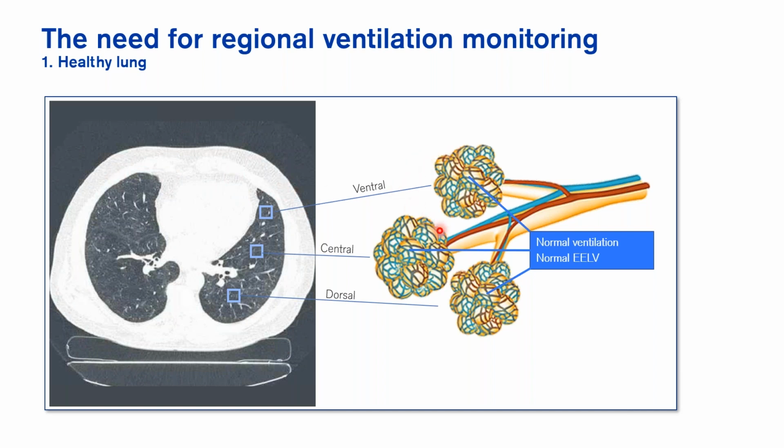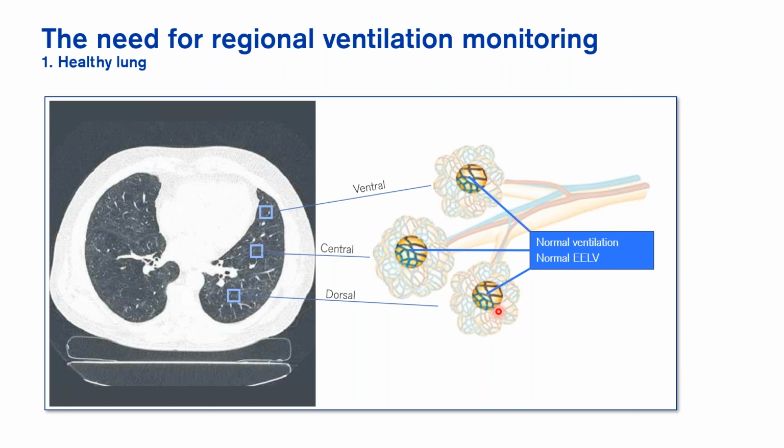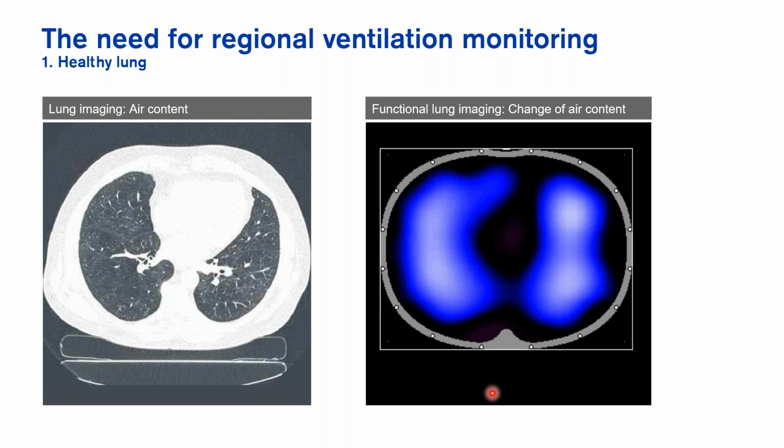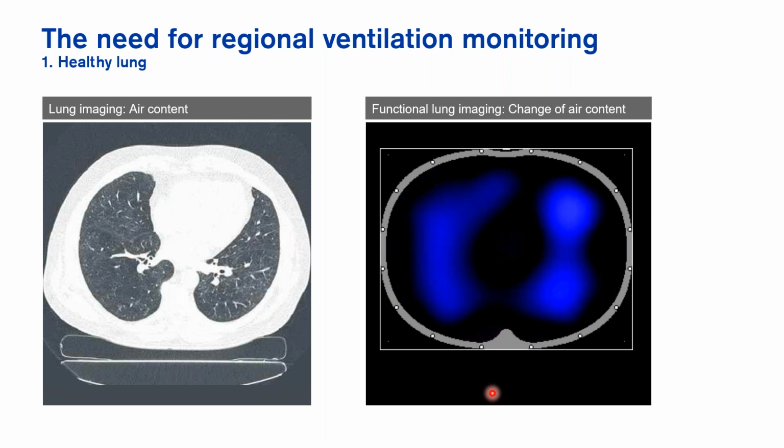And if we look at the ventilation or the gas exchange in the different areas of the lung, we can see that all areas of the lung are normally ventilated. So in the ventral areas, the central and the dorsal are equally ventilated. And in that case, we would see something similar on the PulmoVista.